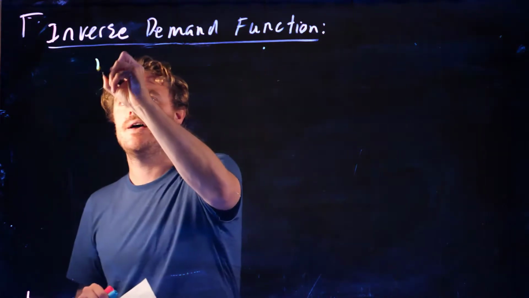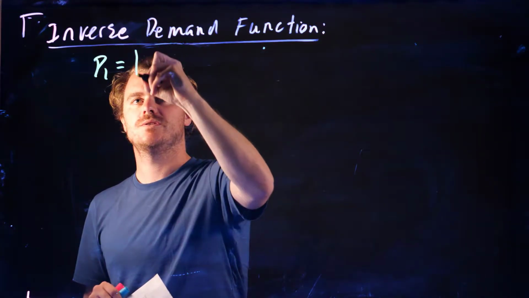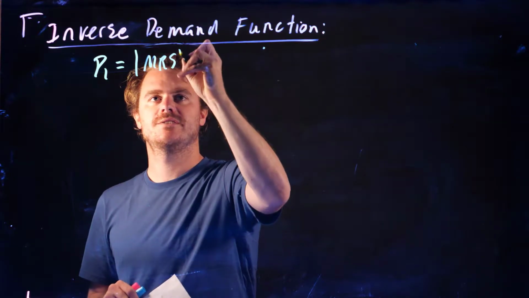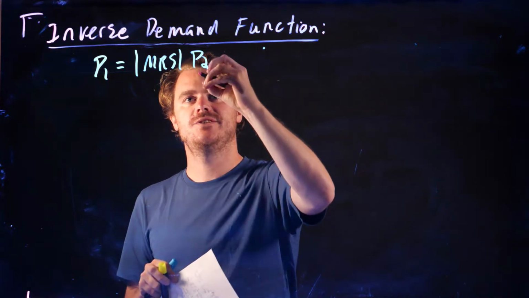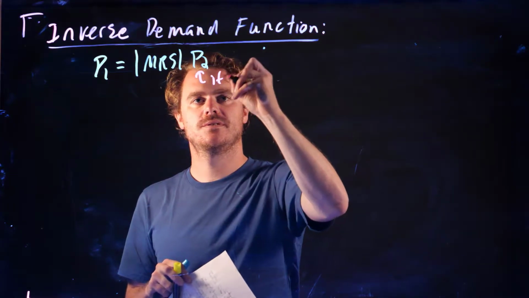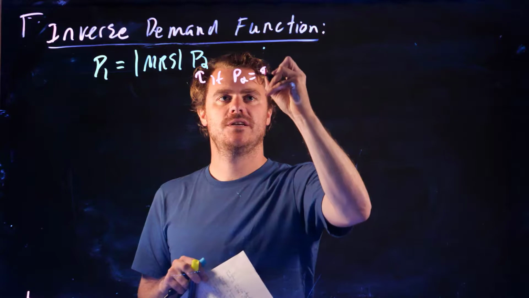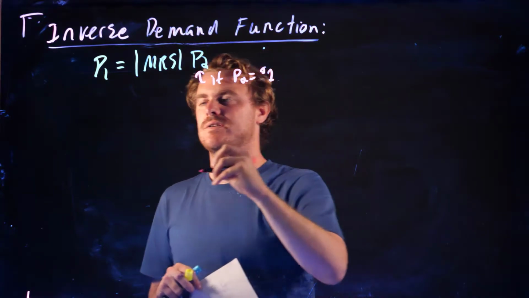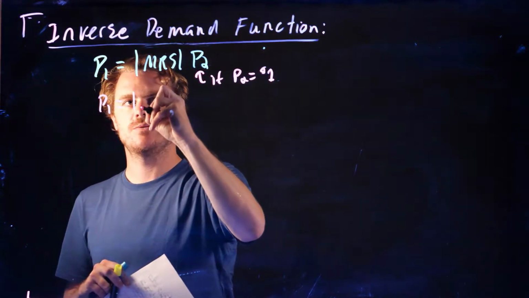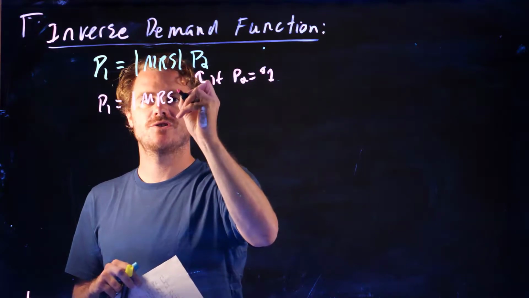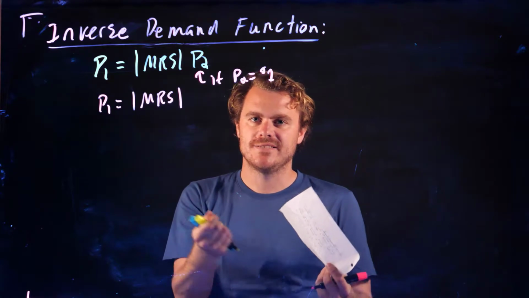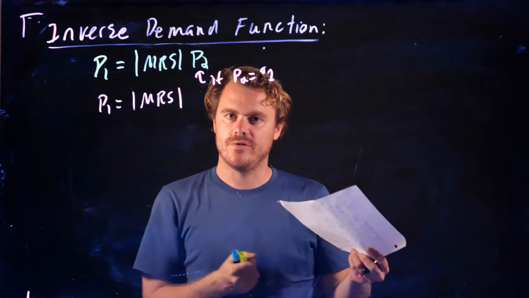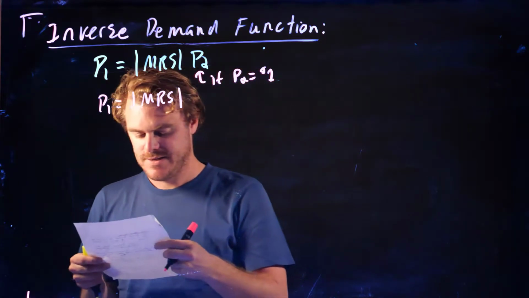So we just said that P1 equals the absolute value of the marginal rate of substitution times P2. Let's set P2 equals $1, and P1 just equals the absolute value of the marginal rate of substitution. Well, what is the marginal rate of substitution? It's the rate at which you're willing to give up one good for another.